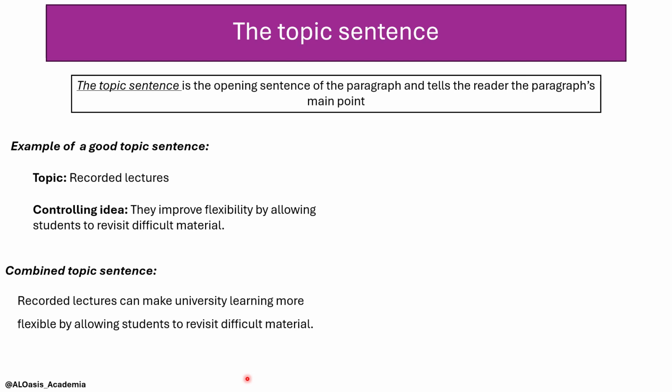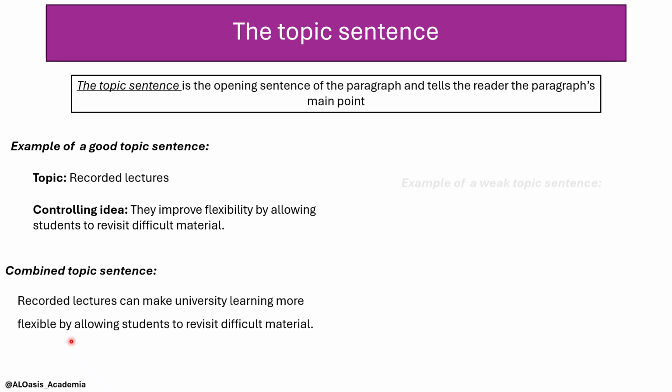And that's because you missed one of the main features of the paragraph, which is the main role of the opening sentence of a paragraph. It needs to tell you what this paragraph is going to be about. So a sentence like that tells you that this paragraph is going to be about recorded lectures, and it's going to be about the positive things of recorded lectures.